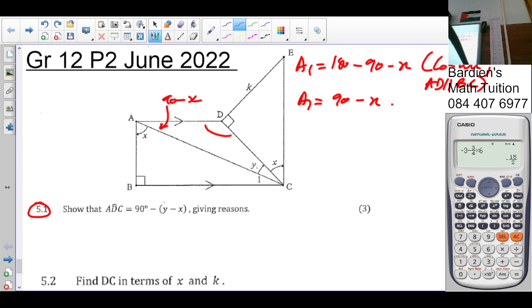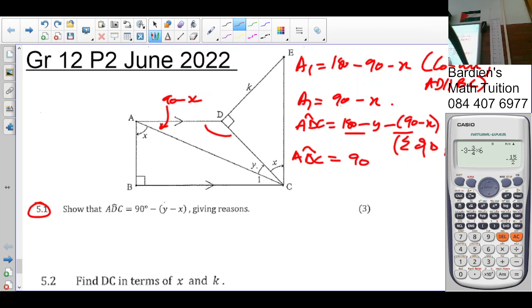So now we can say that ADC is equal to 180 minus y minus 90 minus x. Why? This is the sum of angles in a triangle, triangle ADC. So ADC is going to be 180 minus 90, which is 90, minus y plus x.